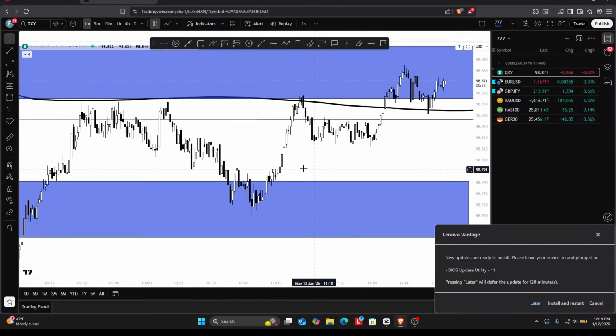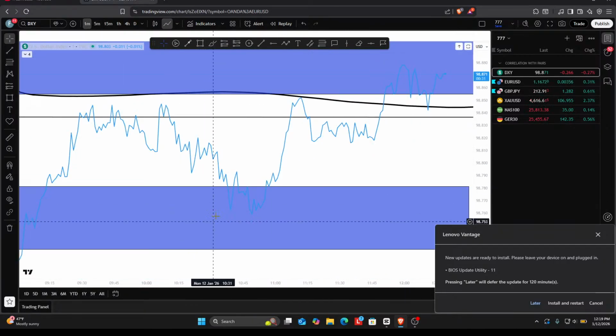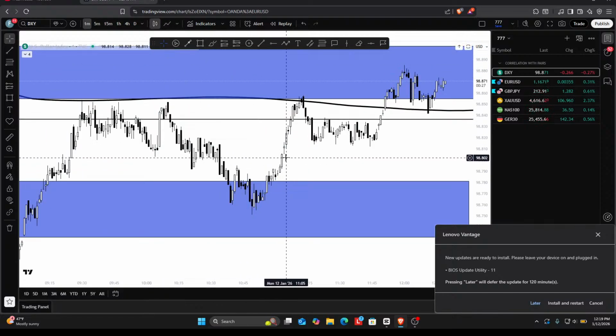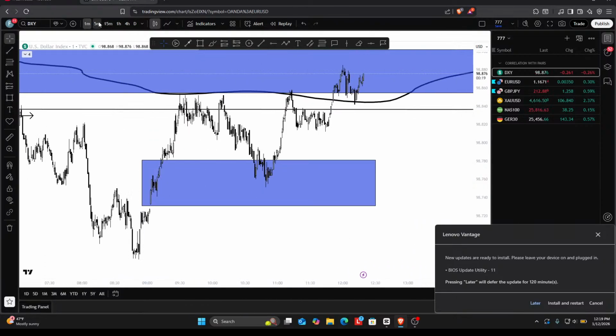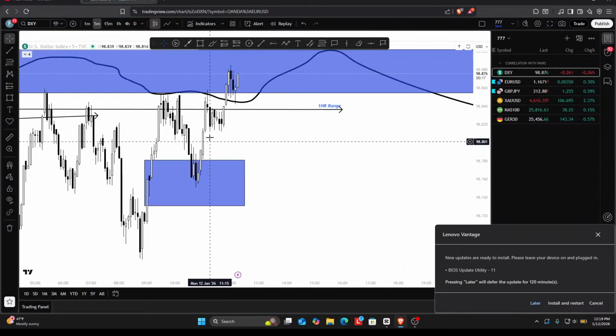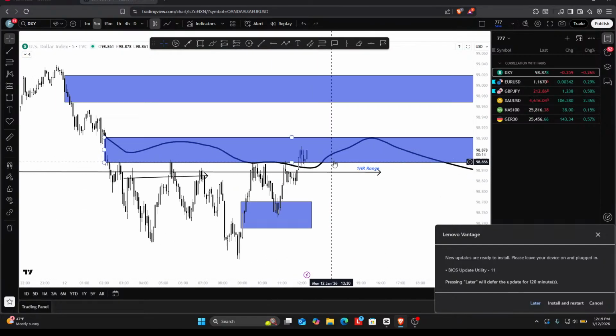Going lower low, lower high, lower low, and then price blasted up from there, right? You couldn't even catch the trade, and if you did, you probably would have got it right here, honestly. But it blasted up, and it's still creating higher highs and higher lows.